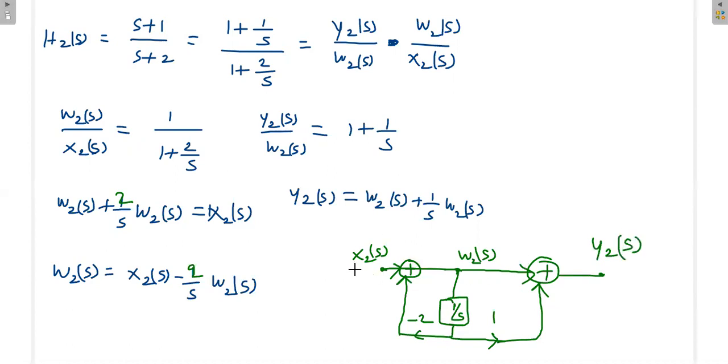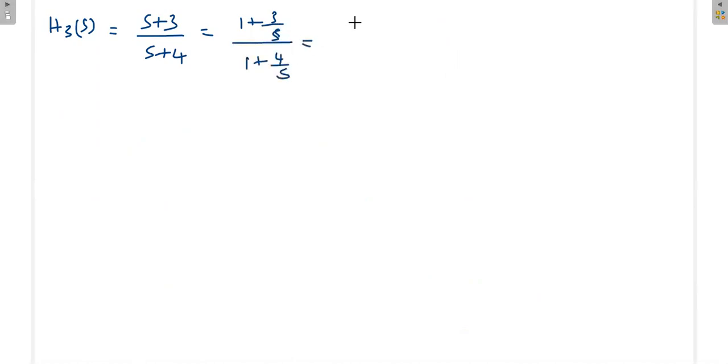In a similar manner, we have to realize H3(s) also. H3(s) is equal to (s plus 3) divided by (s plus 4). Then we can write it like (1 plus 3 by s) divided by (1 plus 4 by s), and this is Y3(s) divided by W3(s), and W3(s) divided by X3(s).